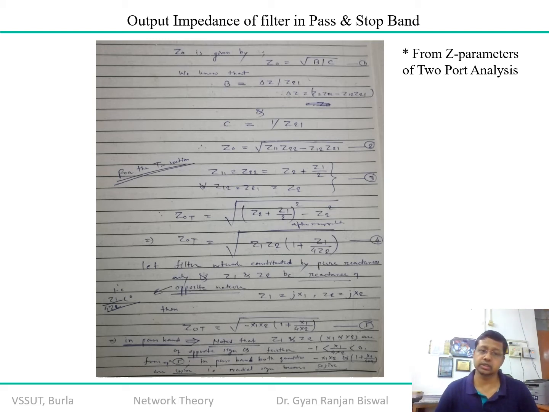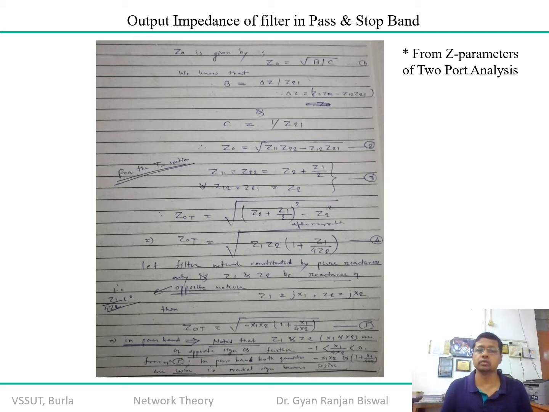Whereas whenever the circuit satisfies the reciprocal condition, it should be equal to Z2. So remember, a filter is a special class of circuit which satisfies both conditions at the same time, the condition of symmetricity and the condition of reciprocity.